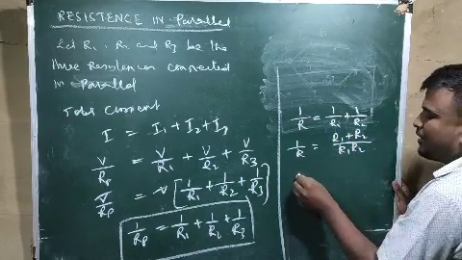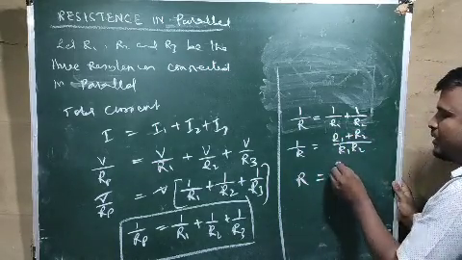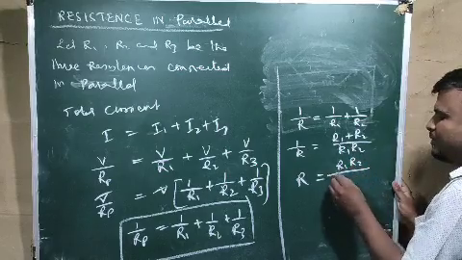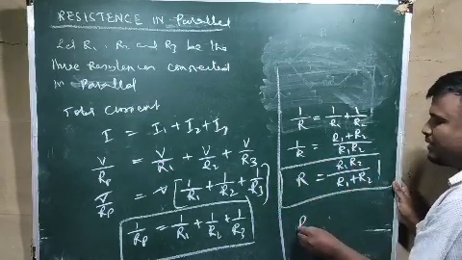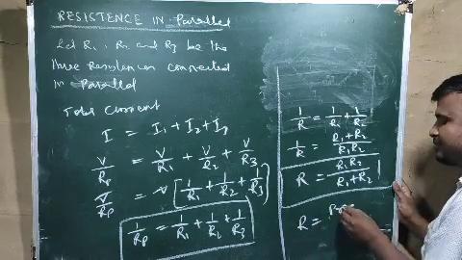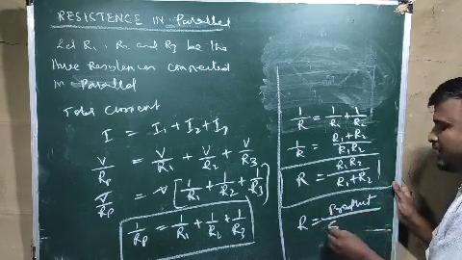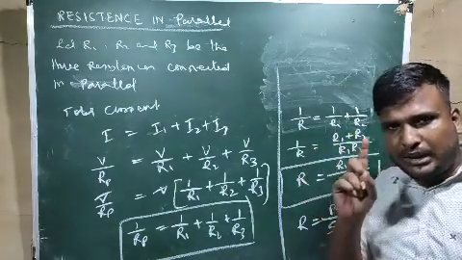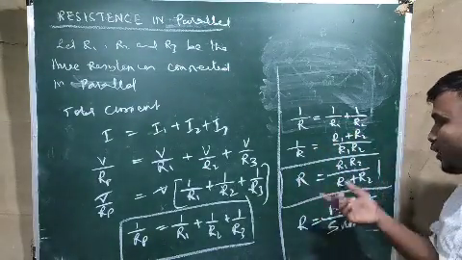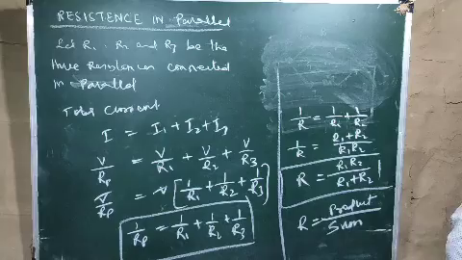If you take the reciprocal, R will be equal to R1 R2 divided by R1 plus R2. That means R will be equal to product by sum. That means if two resistors are connected in parallel, then total resistance will always be equal to product by sum.